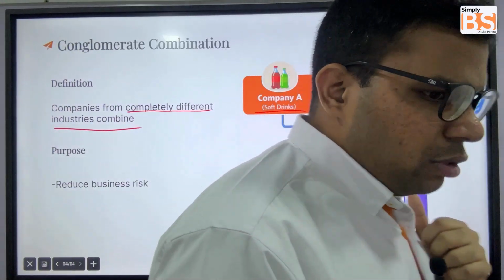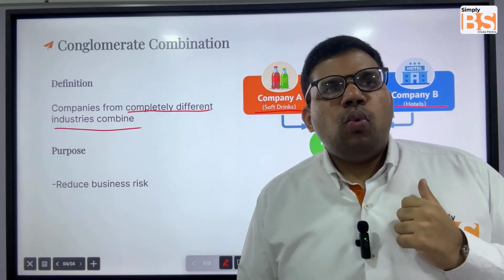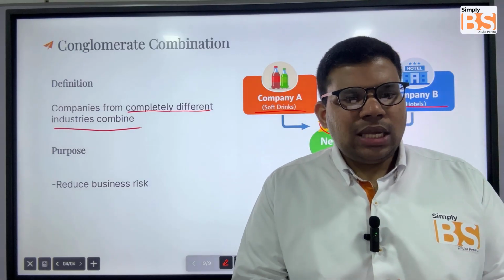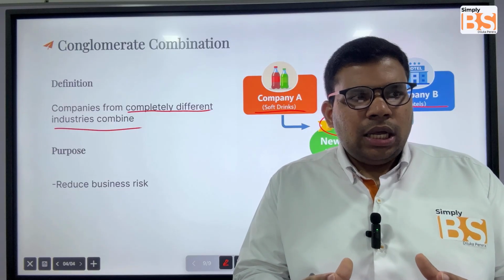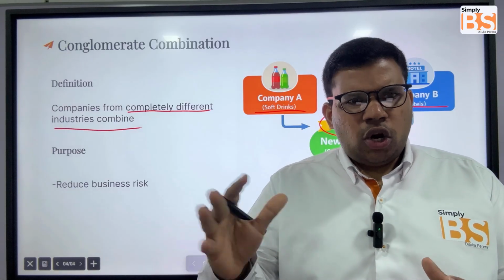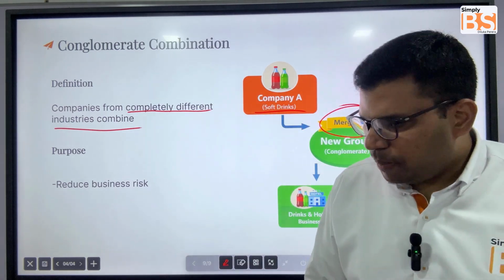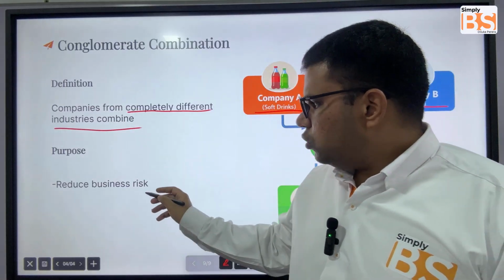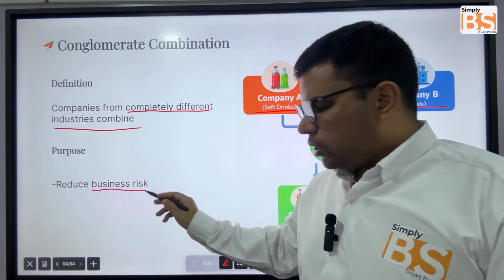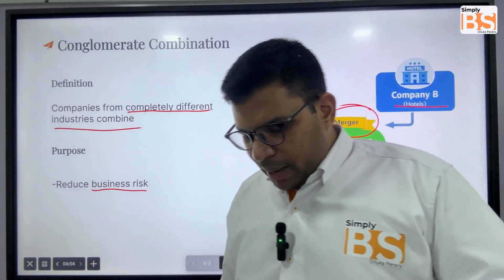Now, students, you might be wondering why companies are combining with industries which are not related to each other. Very specifically, the main purpose is to reduce the business risk. What do I mean by this?